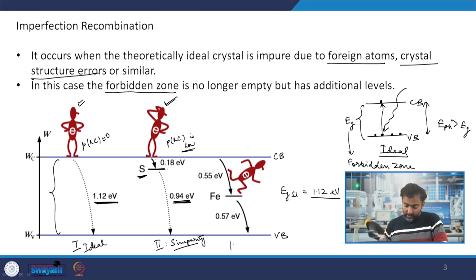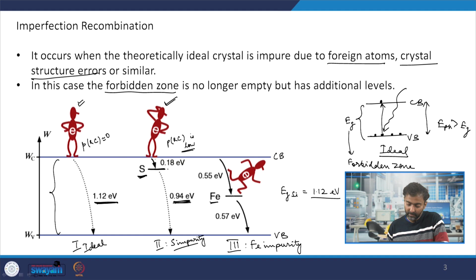Now we come to the third case, the third scenario here, which shows an iron impurity in a silicon crystal. As you can see here, there is an iron atom in the silicon crystal, and interestingly the energy band corresponding to iron atom is almost midway between the valence band and conduction band of silicon.